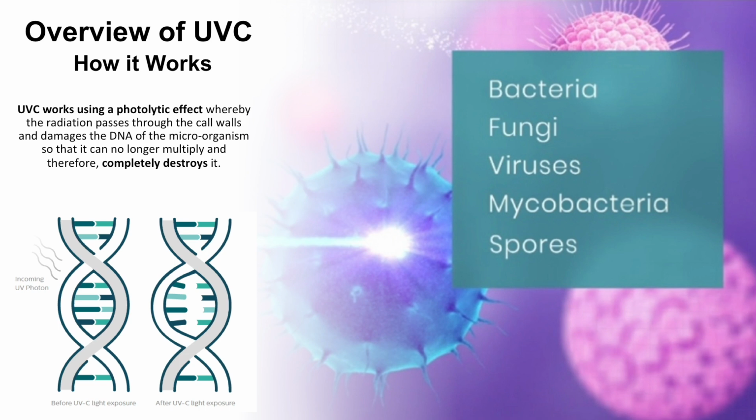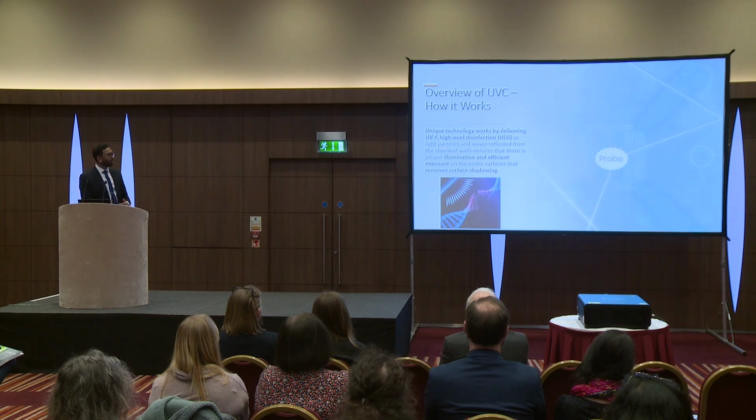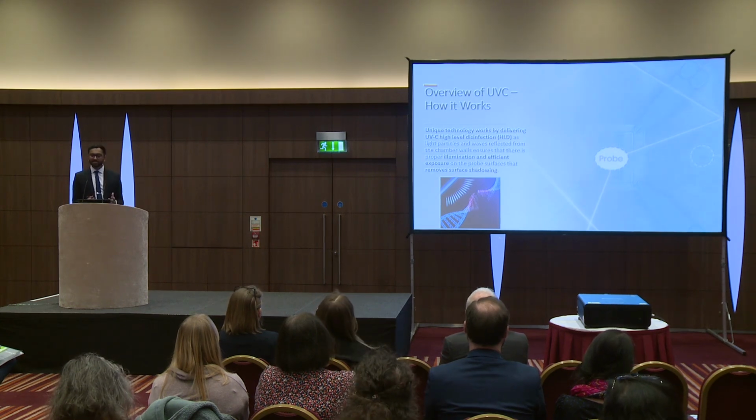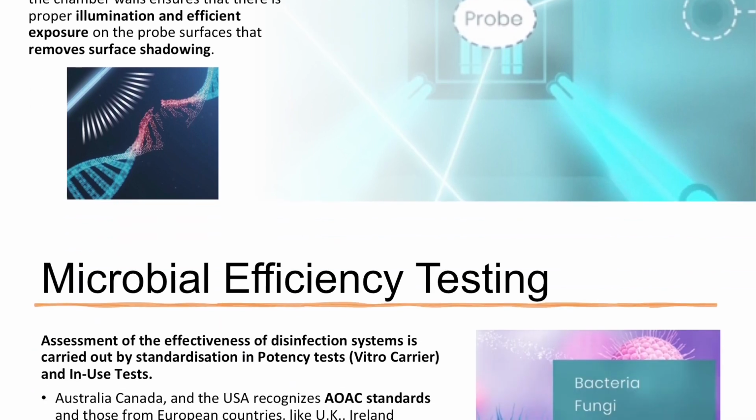This stops it replicating and therefore destroys it, making it a very effective form of high-level disinfection, which viruses cannot become resistant to. So we harness this technology within our products with a special design that allows a proper illumination and efficient exposure to the medical device, which causes no shadowing.